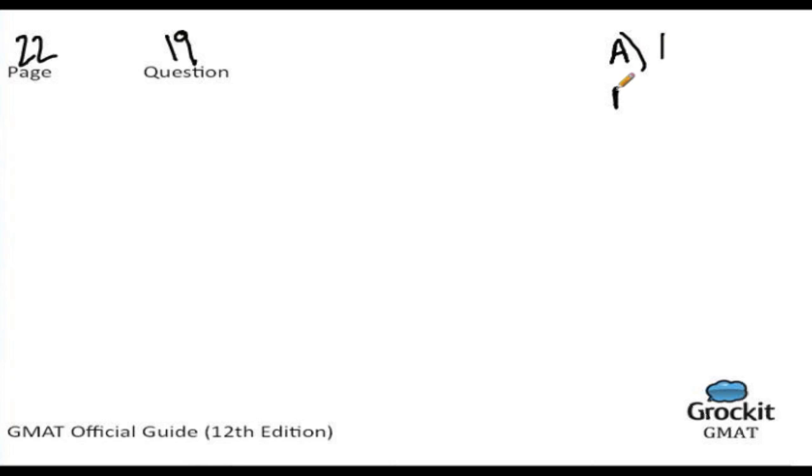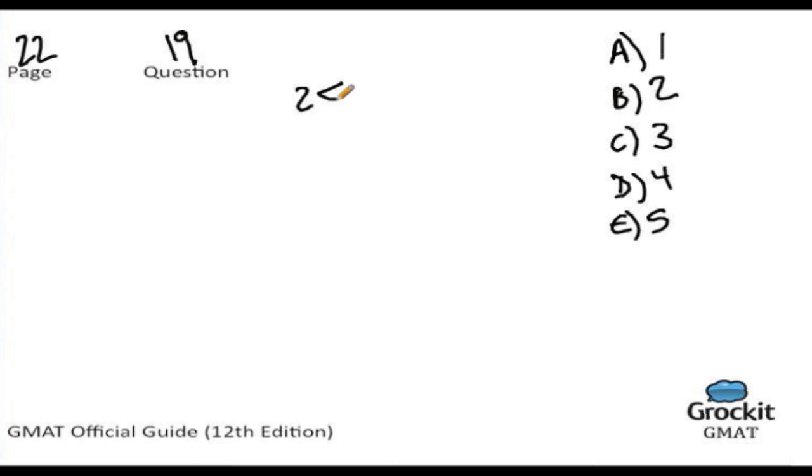So A is 1, B is 2, C is 3, D is 4, and E is 5.